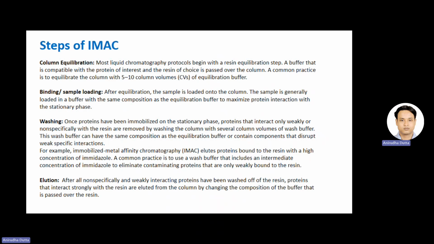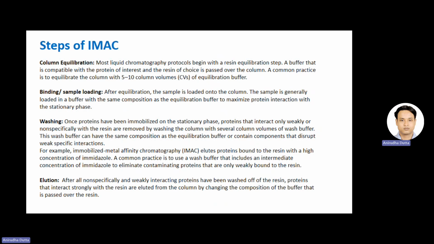How much buffer are we going to run to equilibrate the column? The rule of thumb is 5 to 10 column volumes. What does column volume mean? If the volume of my column is 1 ml, then 5 column volumes means 5 ml, and 10 column volumes means 10 ml. Because from laboratory to laboratory, or with a defined experiment, we change the volume of our column, we keep a standardized method.